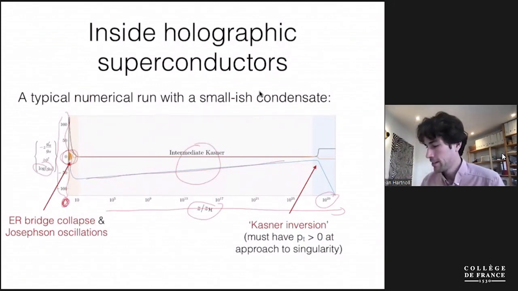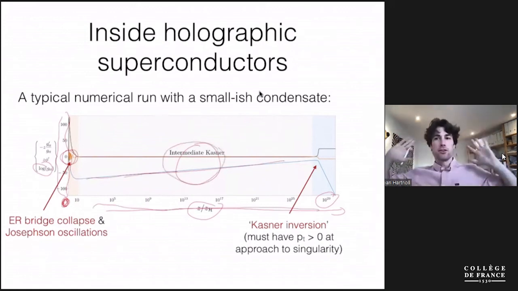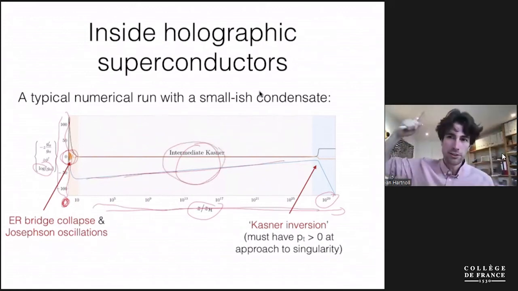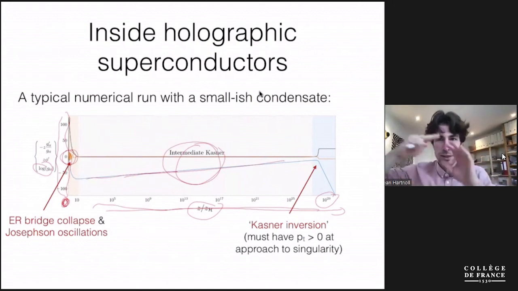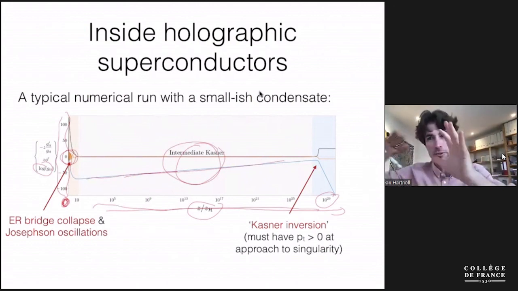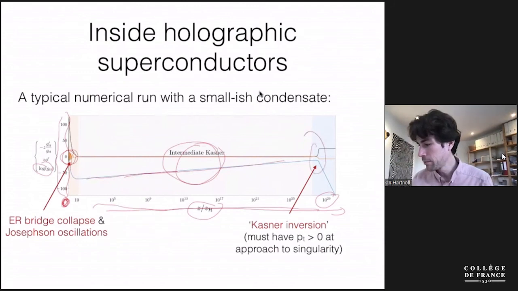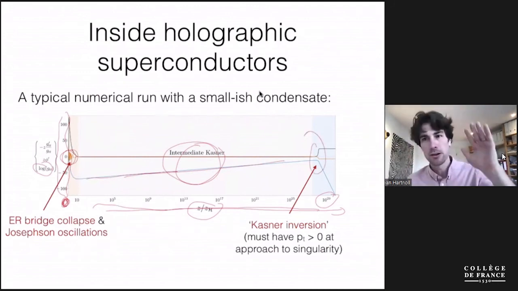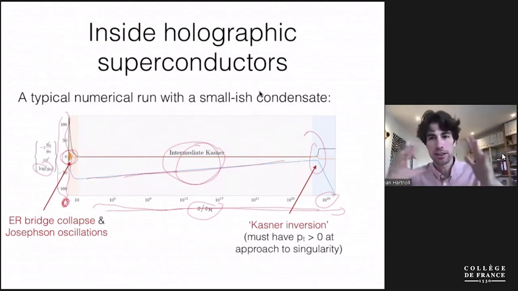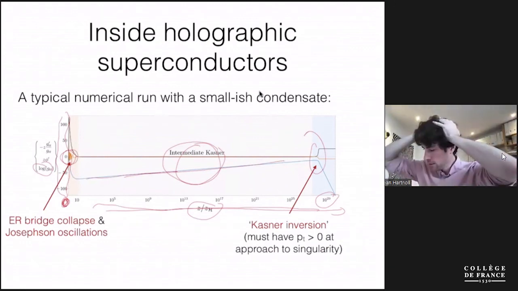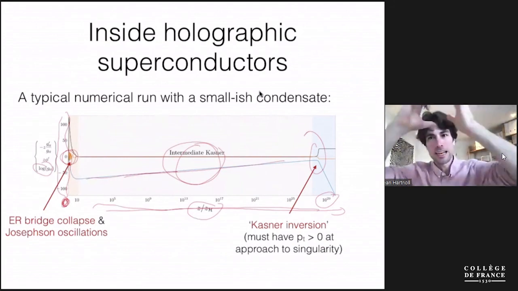This axis is also logarithmic. So this is a Kasner. You go inside the horizon, the scalar field starts oscillating like crazy for a little bit, but then it relaxes. You get a Kasner region, but then at very, very late times there's what we call a Kasner inversion, where G_TT was collapsing, and then it was growing, and then it starts collapsing again.